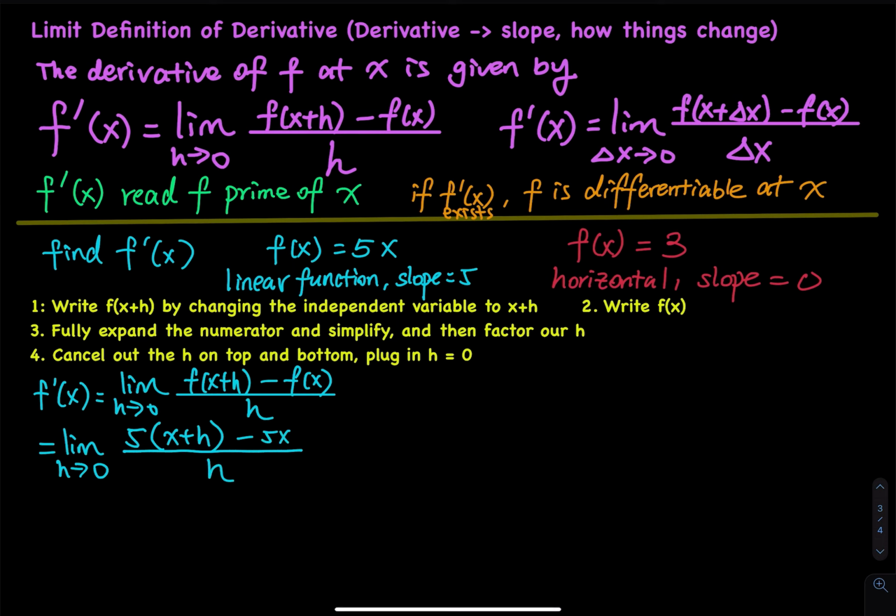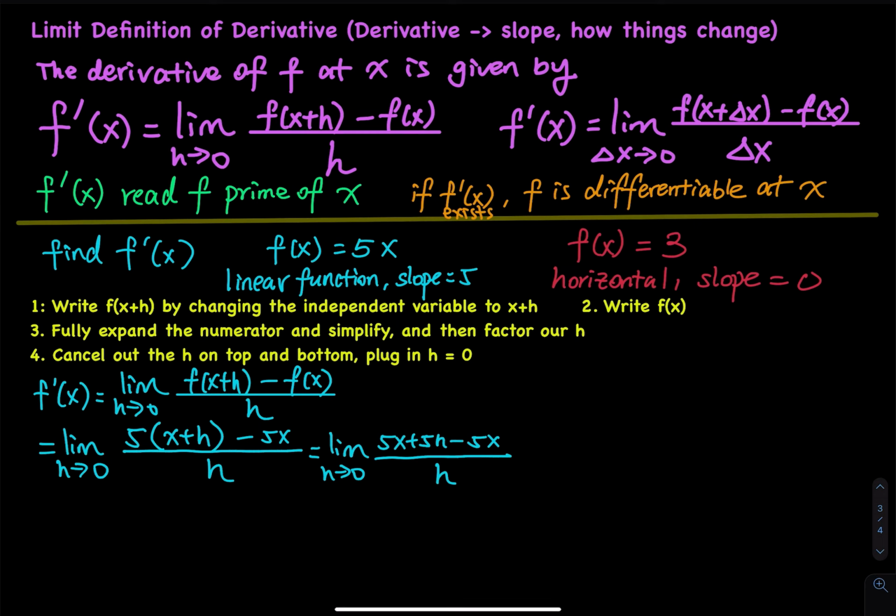Then you do a distribution. Step 1 is to write f of x plus h. Step 2 is to write f of x, which is just copying the function over. Step 3 is to fully expand the numerator, which is what we are doing right now. That is pi x plus pi h minus pi x, divided by h.